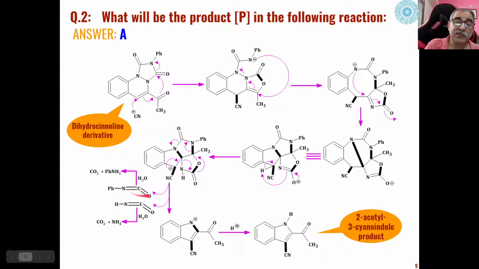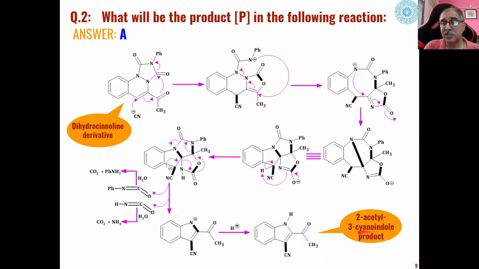Phenyl isocyanate and hydrocyanic acid will undergo hydrolysis to give us a molecule of carbon dioxide and ammonia in this case, and aniline in this case, and then this will generate an anion of indole, which will take a proton from here, and we will get these types of indole derivatives as the product.